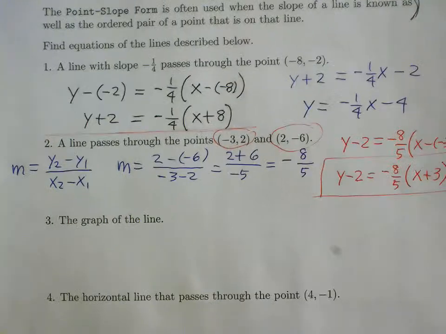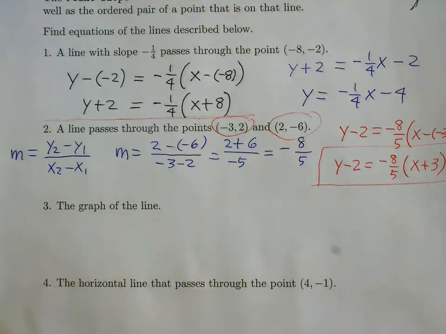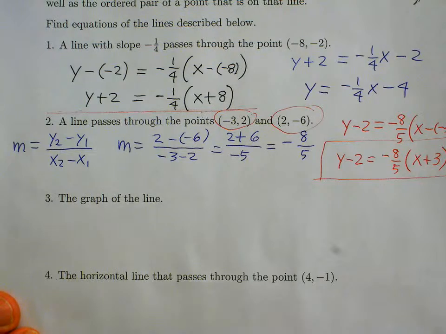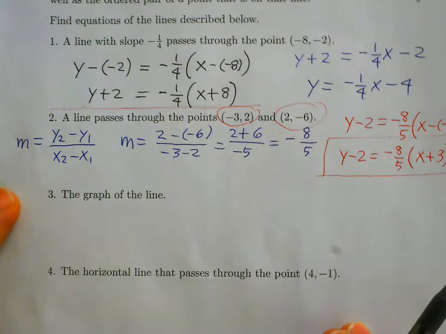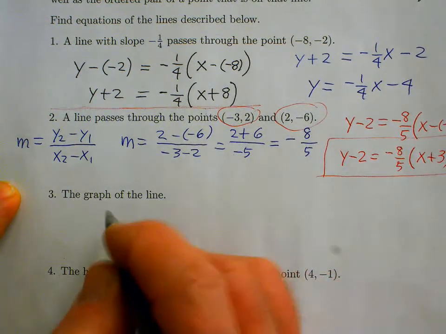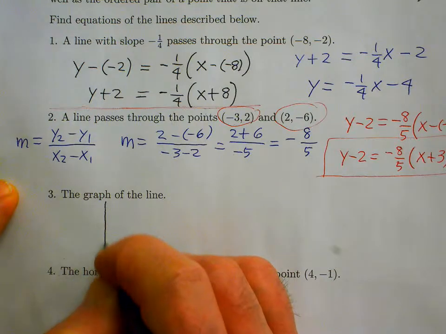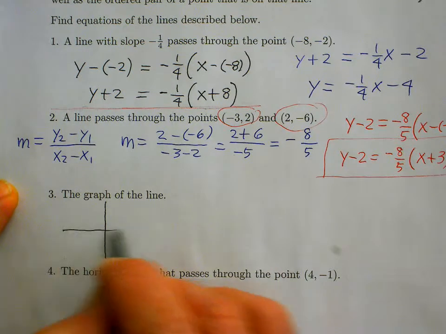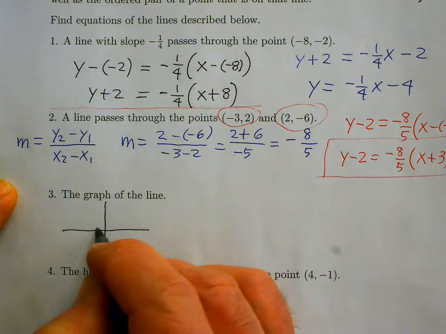Okay, and number 3, the graph of the line. So I'm going to draw a graph, and then from the graph, find an equation for the line. So hopefully you'll be able to see the points that I'm going to pick.